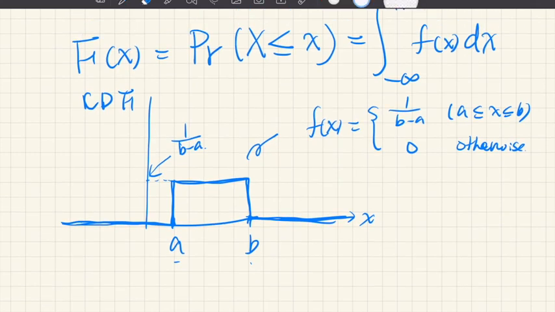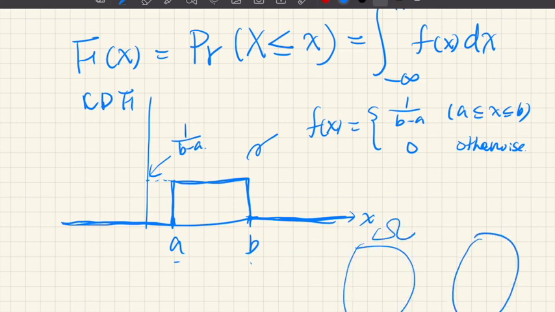By the way, for a random variable to be continuous, the sample space must be continuous, right? Continuous means uncountable. If the sample space is countable, there are at most countably many possible values for a random variable, so it cannot be continuous.